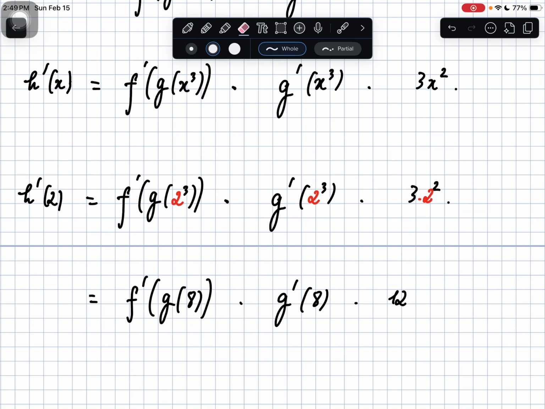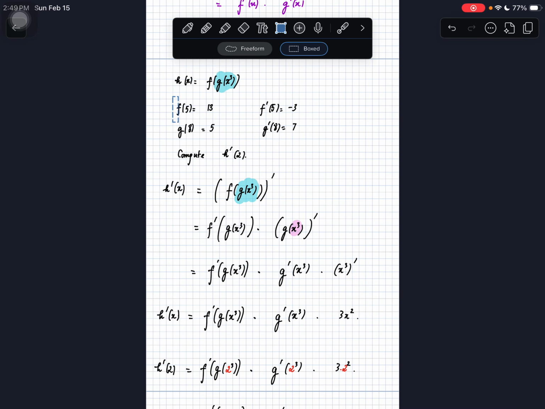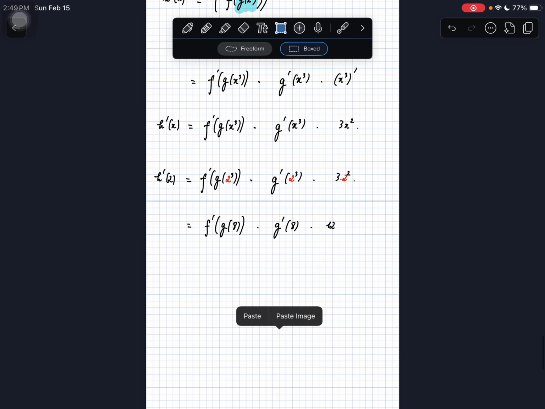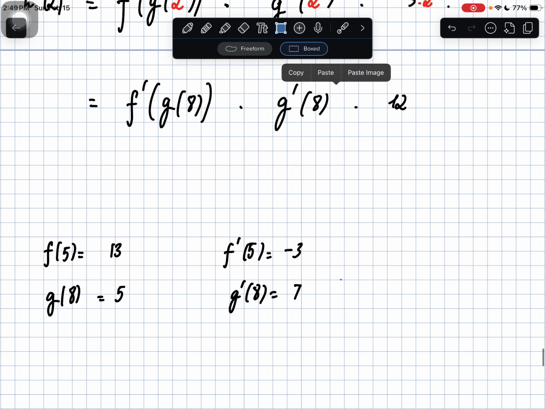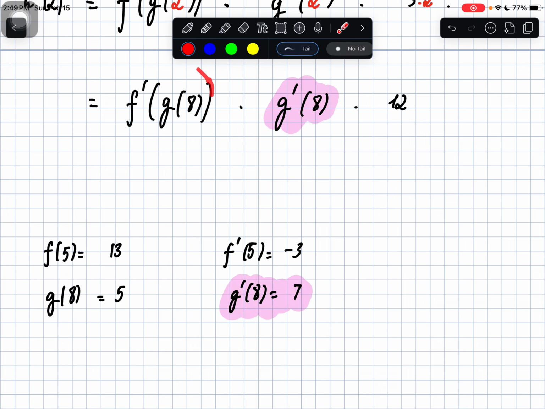Now let's see what they give us, the data right here. g'(8) is 7. g(8) equals 5, and then f'(5) equals minus 3. So f'(g(8)) is minus 3, times g'(8), which is 7, times 12.